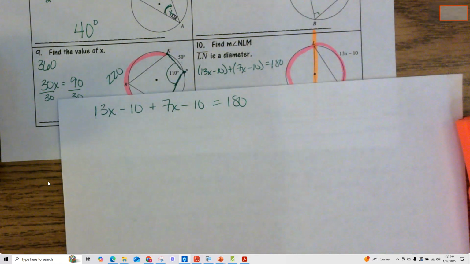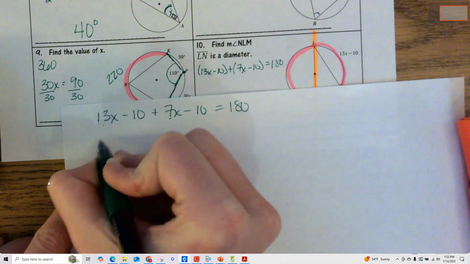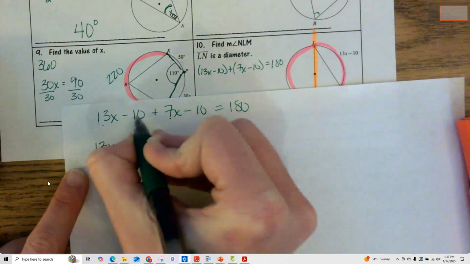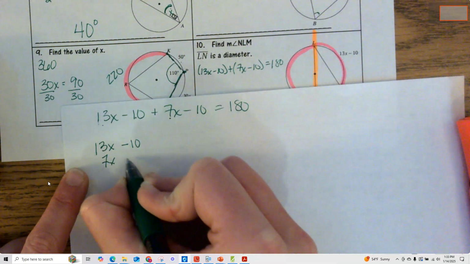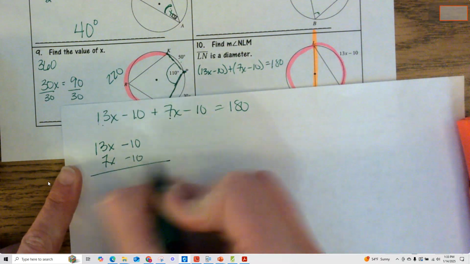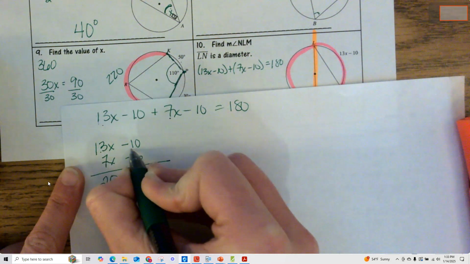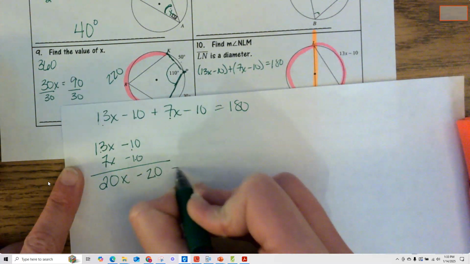We're combining. So I can combine 13x and 7x, and then I can combine that negative 10 and that negative 10. So 13 plus 7 is 20, keep the x. Negative 10 and negative 10 make a negative 20.